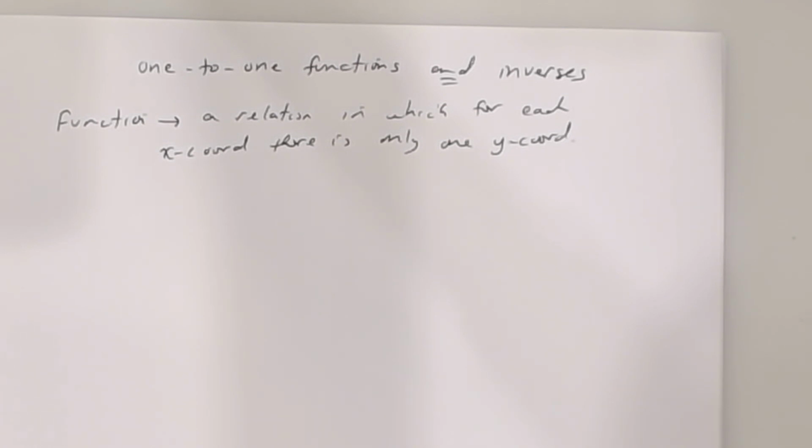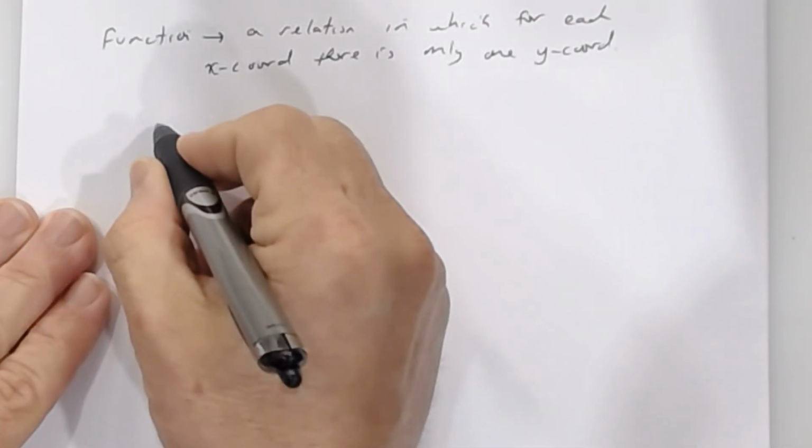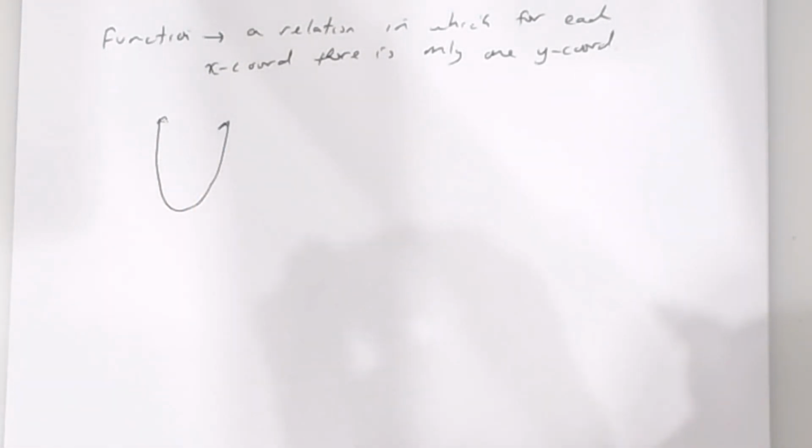All right, and remember, if the graph was given, did you use the vertical line test to determine if the graph represented a function? So for each x coordinate, there's only one y coordinate. So I'm going to draw some functions here, something like this. That quadratic function we just talked about.